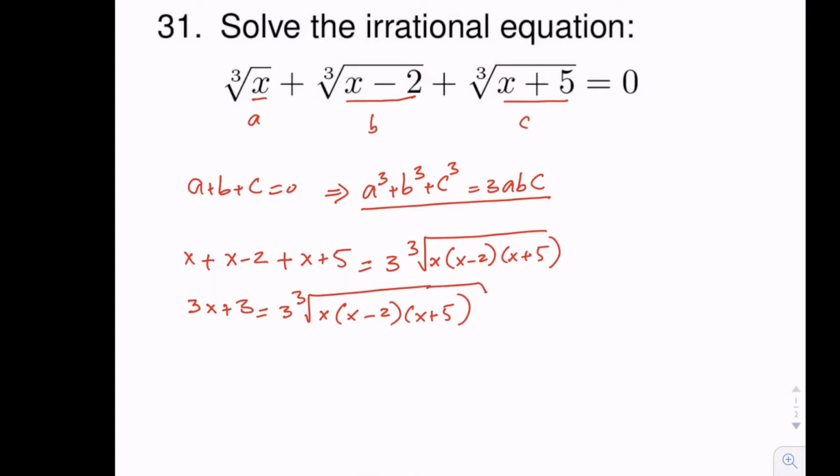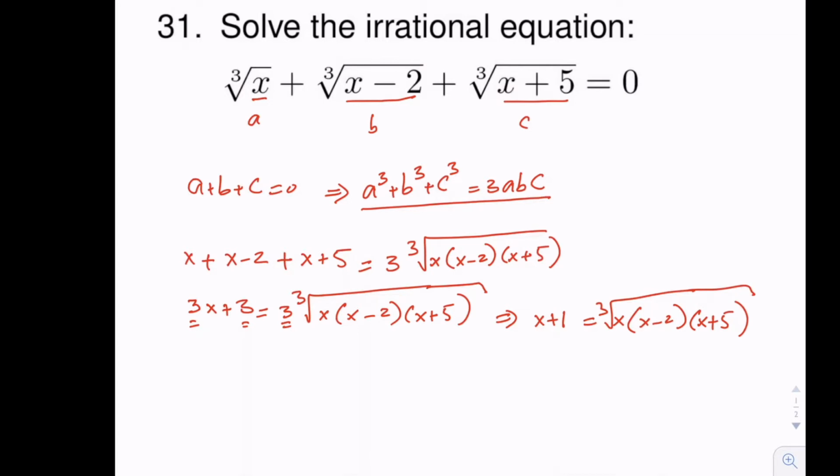And from here, we can cancel 3 from the right hand side and these two 3's from the left hand side. So we will get x plus 1 is the cube root of x times x minus 2 times x plus 5.